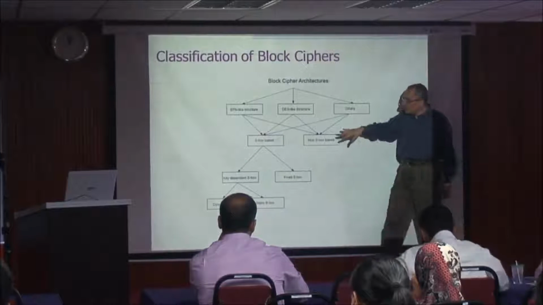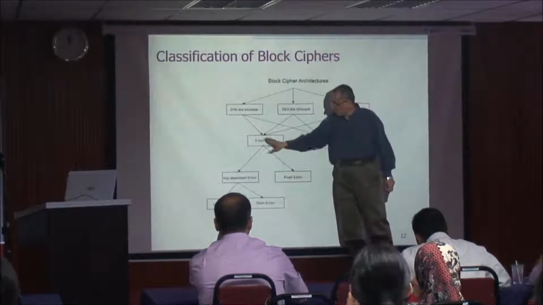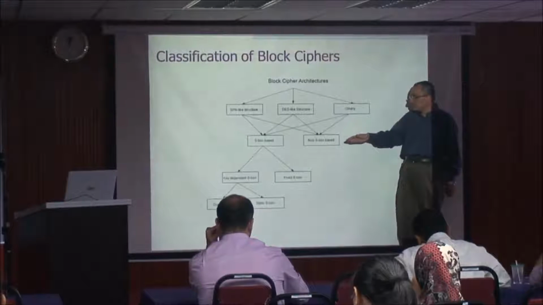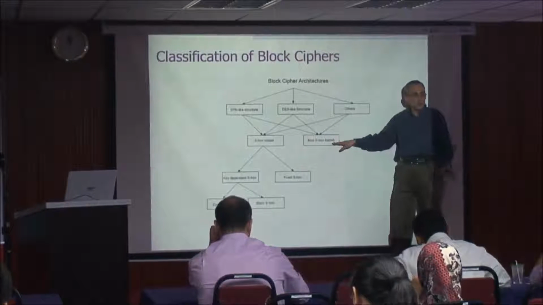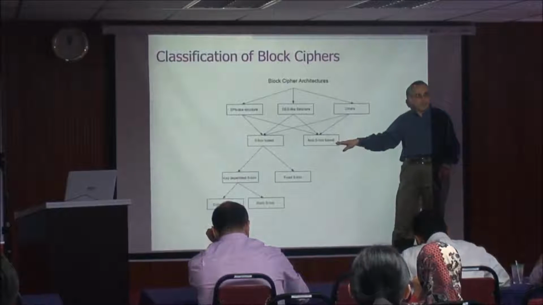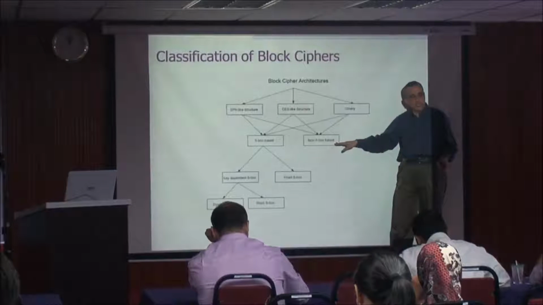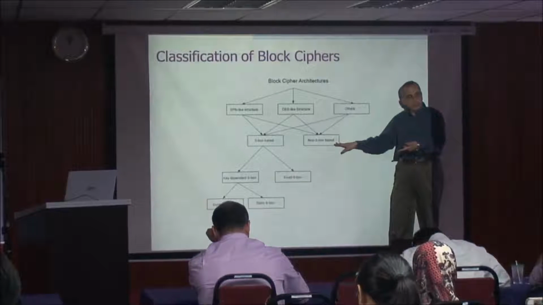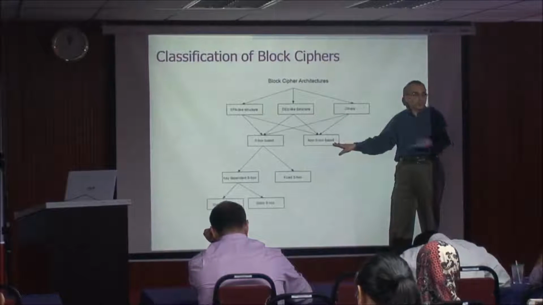Inside it, you can have block ciphers that use S boxes, or some ciphers that do not use S boxes. Some of them use mathematical operations to achieve nonlinearity. For example, you can use multiplication, or you can use addition modulo some number, and you do rotation, you do XOR.